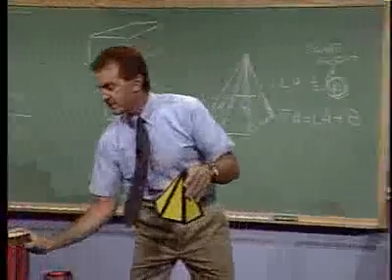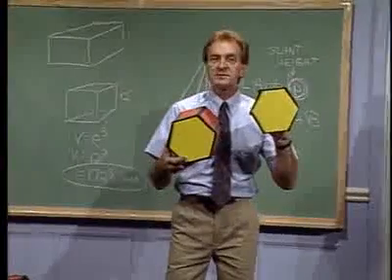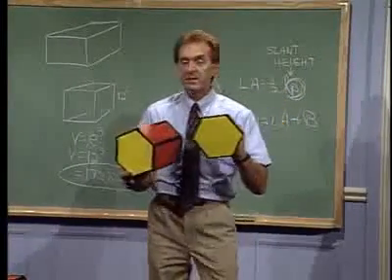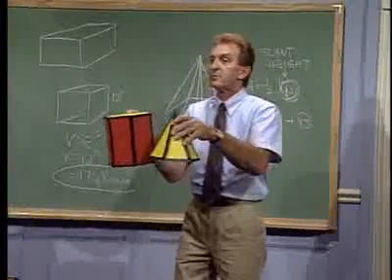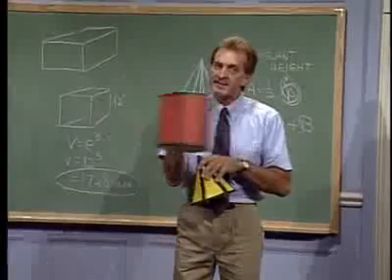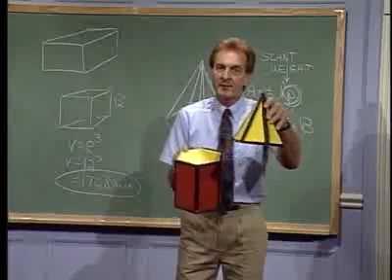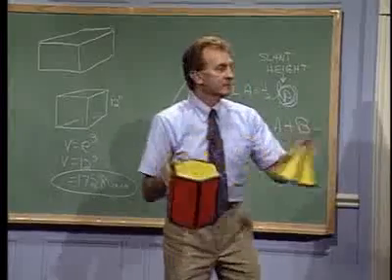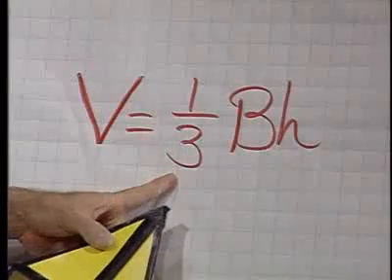Remember I said these two have the same bases, so the areas of the bases would compare 1 to 1. They'd be the same, and they also have the same heights. They're both 8 inches in height. But by tapering in the sides of this thing to make a pyramid like this to a point, it's not just half, but rather 1/3 now.